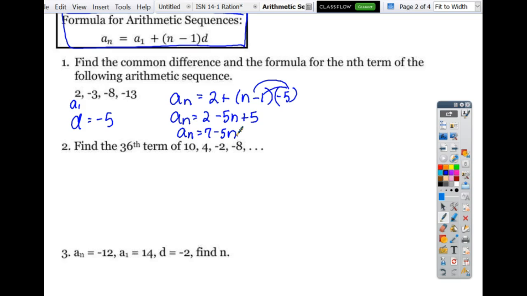And this is what I want you to notice, because sometimes on the test problems, it's going to give you this, and it's going to ask you what's the difference. Where did the difference end up being? Always next to the n. So when you're given an arithmetic sequence, the D is always going to be in front of the n.